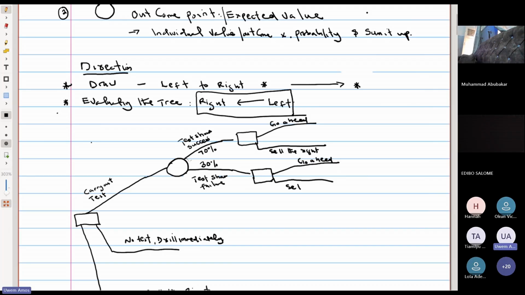So regardless of whether our test shows success or failure, we can decide we are still going ahead, or we're selling the right. Any question on that mapping?